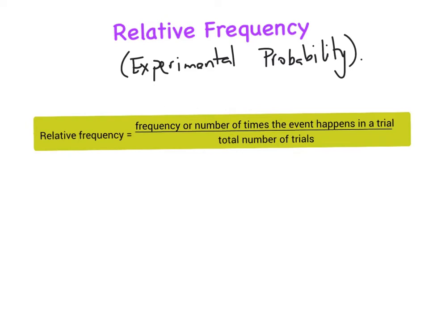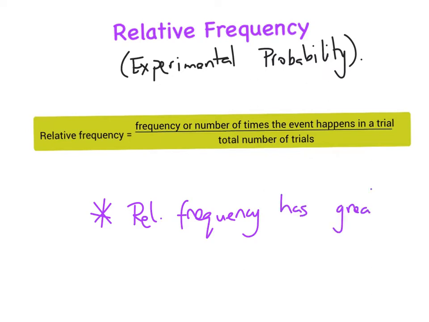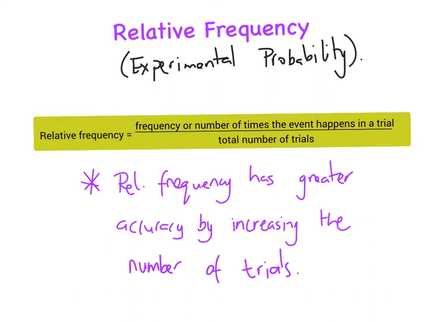So relative frequency, similar to our normal definition for probability, is the frequency or number of times the event happens in a trial over the total number of trials. And again, really important, our relative frequency will have greater accuracy the more trials that we conduct, so by increasing the number of trials. Okay, so let's do a quick question and then we're done.